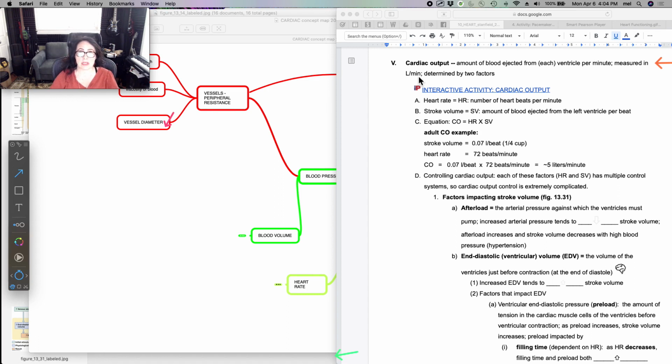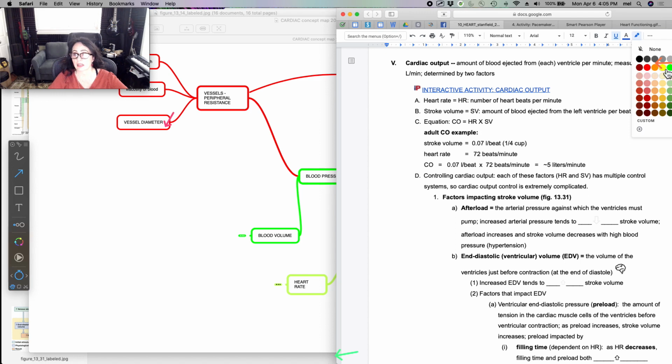And cardiac output is generally determined by two factors. The heart rate, which is the number of times your ventricles contract per minute, and then the stroke volume, which is how much leaves the heart per squirt. So hopefully that makes sense to you. Let's highlight that to make sure that you get it.